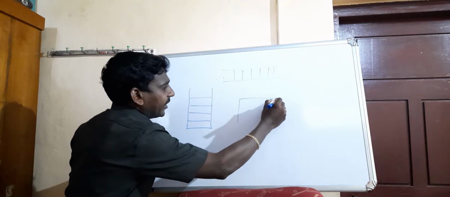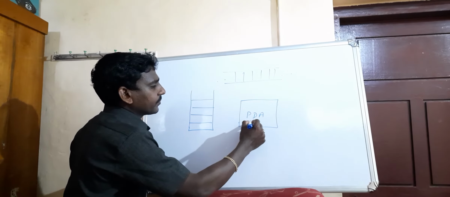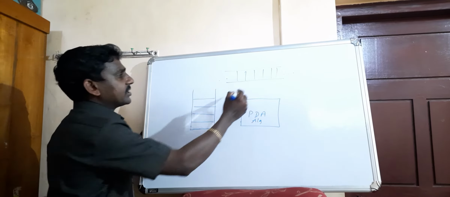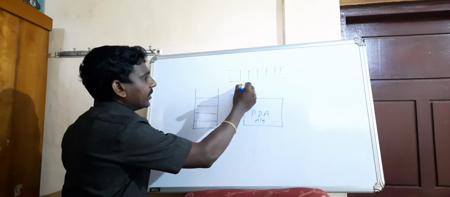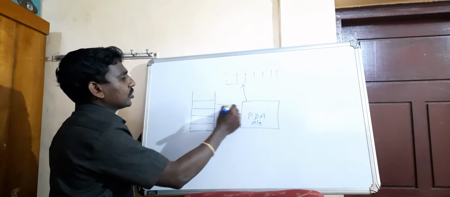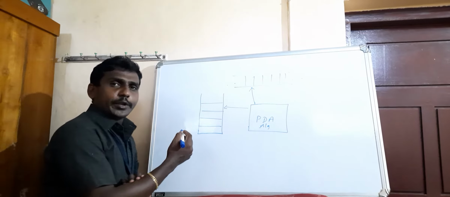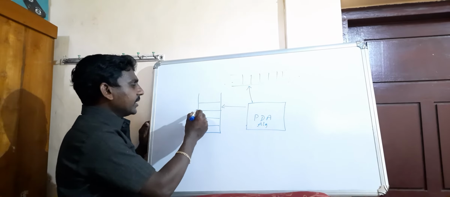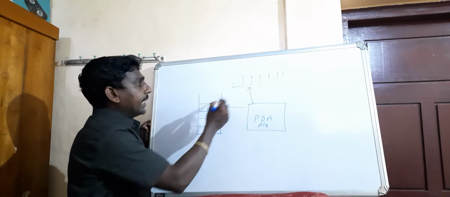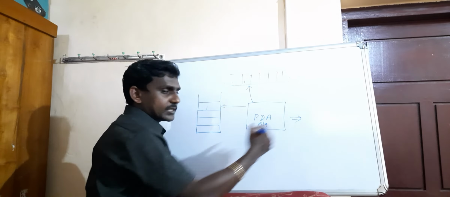This is finite automata. This is a PDA algorithm. That means state. Now it points to the input symbol, and the stack also points to the stack symbol. So how it is going to work is, you read the stack symbol and it reads the input symbol, and the control moves to another state.